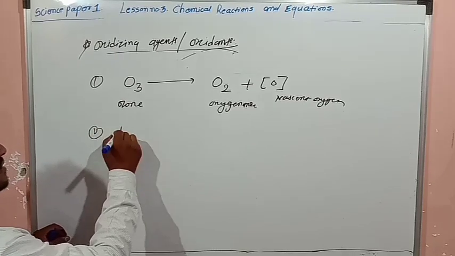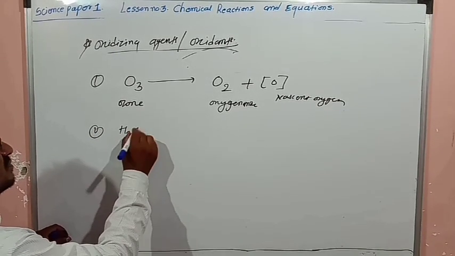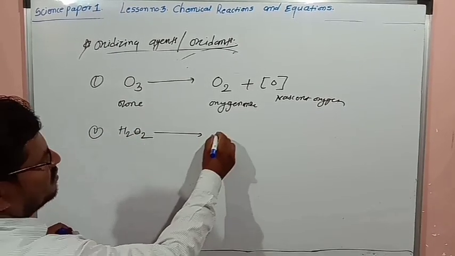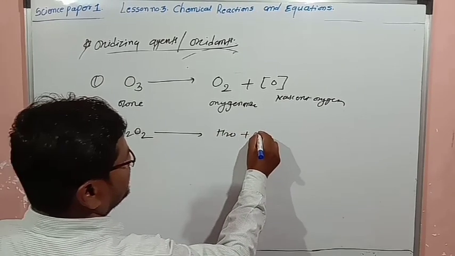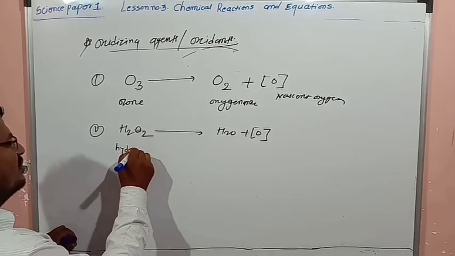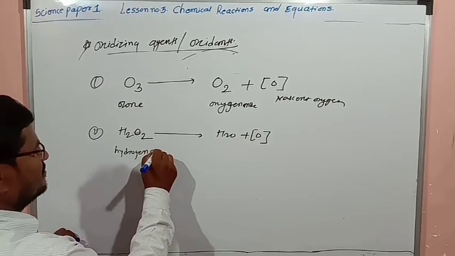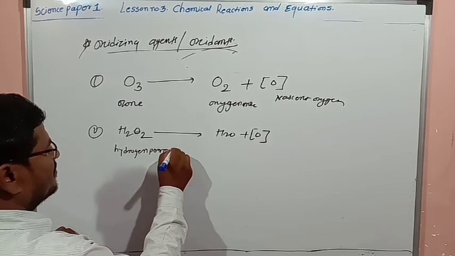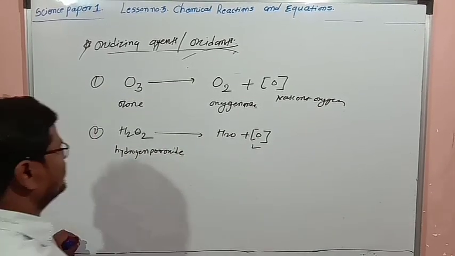Second one is H2O2, which gives H2O plus nascent oxygen. This is hydrogen peroxide, and it is also giving nascent oxygen.